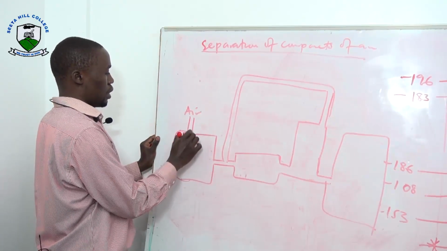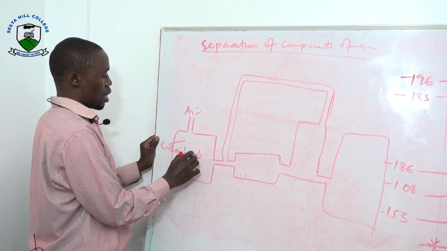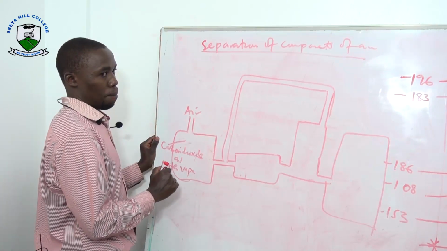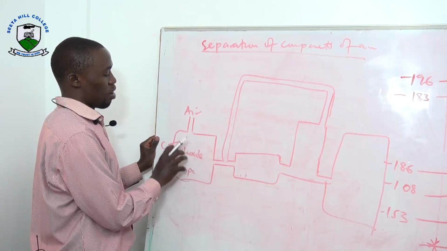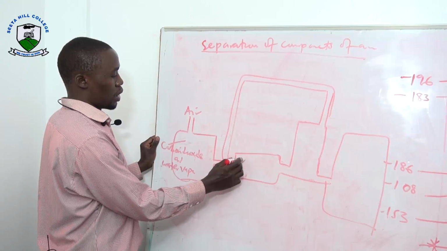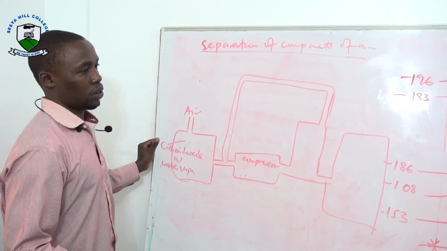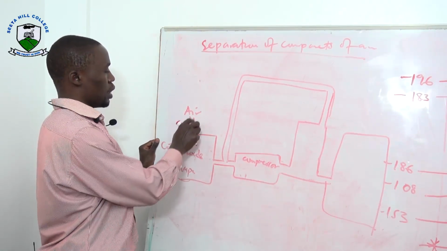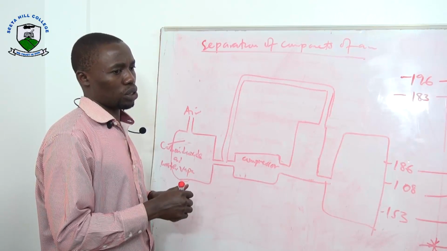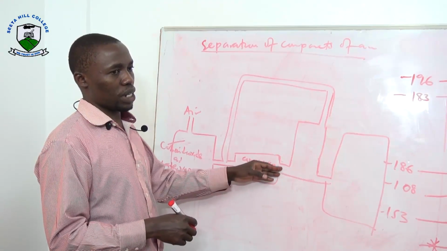That air, you first remove carbon dioxide and what? And water vapor, not so? Clear? When carbon dioxide and water vapor have been removed, it's now allowed to enter a compressor. Now listen. The air is compressed, because to make it a liquid is to bring the particles closer. After being compressed, it's allowed to expand.